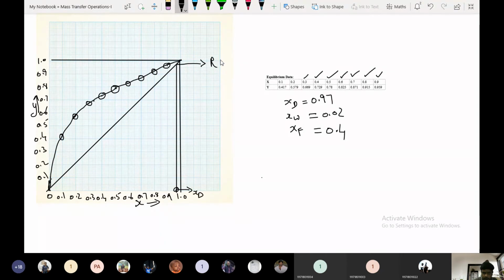In your PPT, this is the R point, with coordinates XD comma XD.